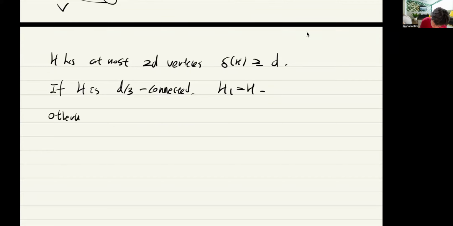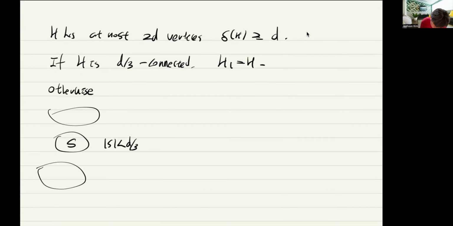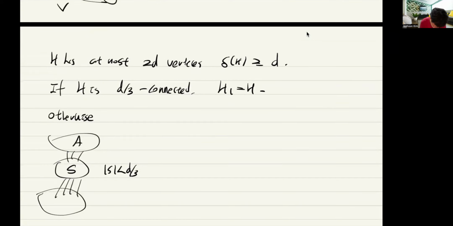Otherwise, if it's not t over 3 connected, there must be a separating set S of size at most t over 3. Then H has a separating set S of size at most t over 3, and you disconnect the graph into several parts.